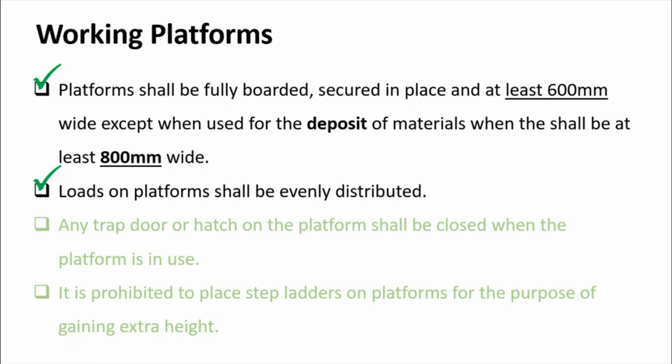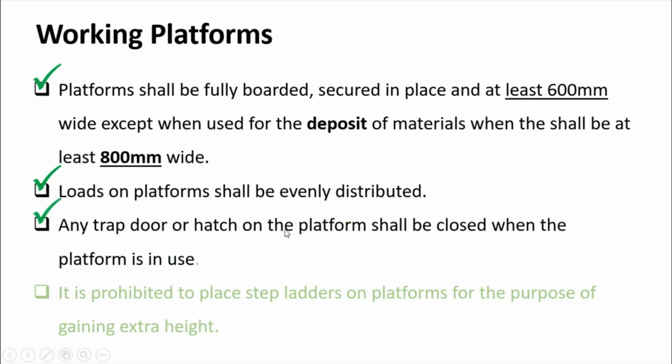For example, 100 kilograms per square meter. So that means if you have 200 kilograms, you cannot put it all in 1 square meter. You need to distribute all those 200 kilograms evenly on the platform.